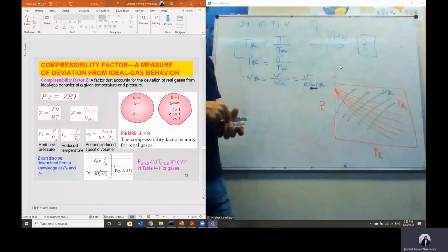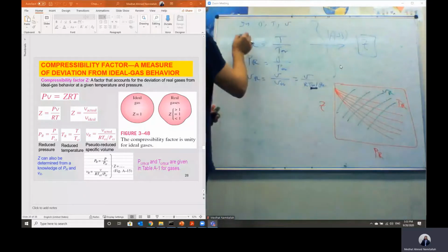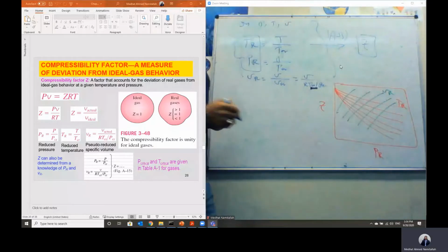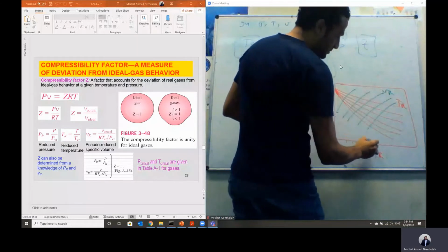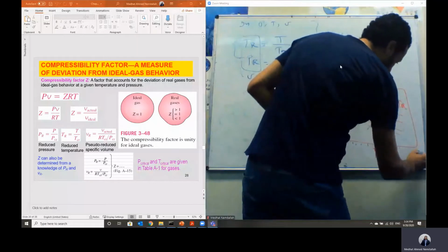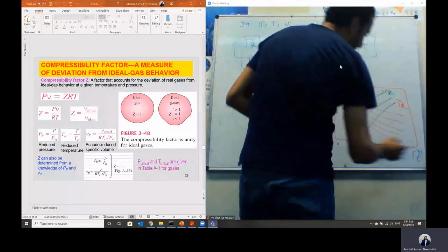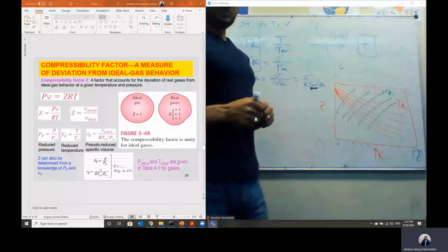So if you are given, let's say, the reduced pressure with the reduced temperature, the reduced pressure starts from 0 and is given up to a value equal to 7. And also for a range of reduced temperature and reduced specific volume.